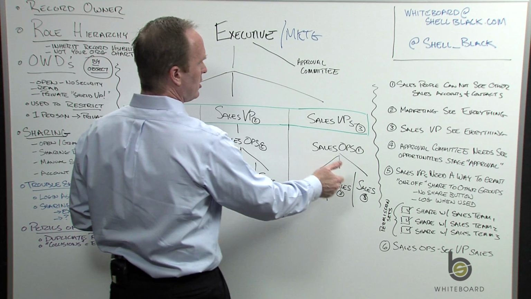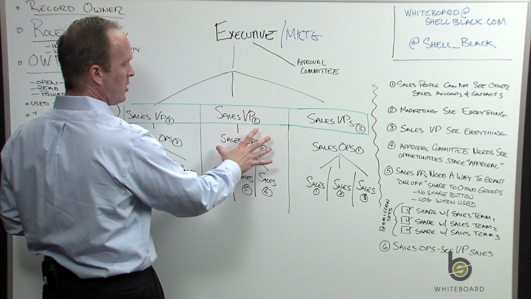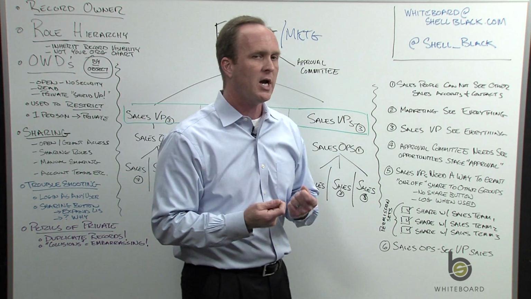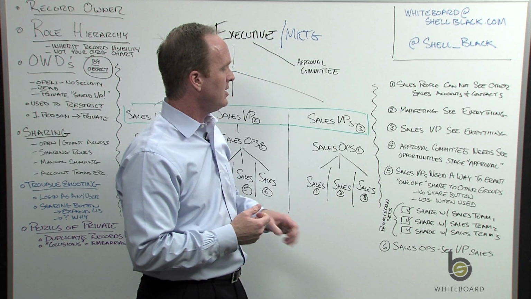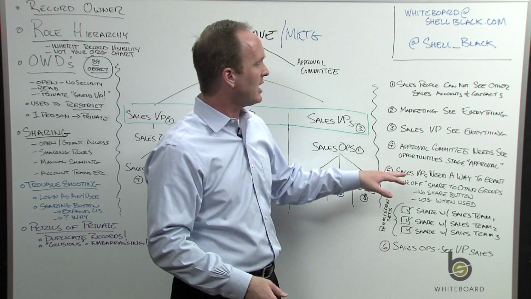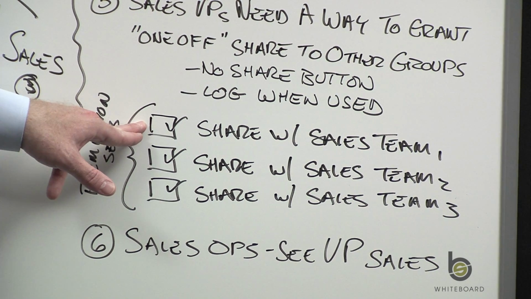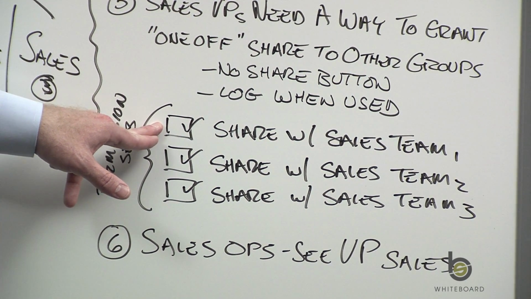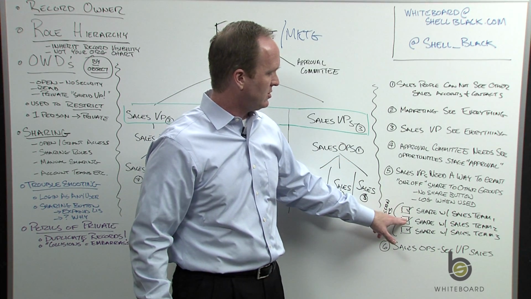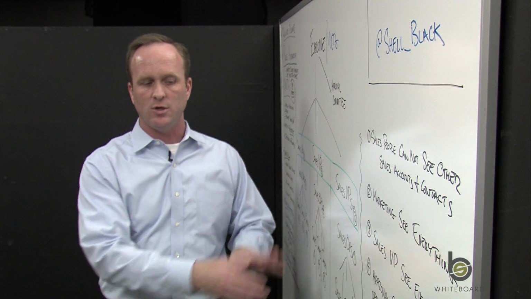So we made a group called kind of Sales Team 1, a group called Sales Team 2 with all these roles, and a group called Sales Teams 3, and we created a sharing rule that said if it's a criteria-based share, so it's looking at a field, kind of like this approval stage was a criteria that said if this checkbox that says share Team 1, if that is true, share with the group Team 1. If the second checkbox share with Team 2 was checked, share with the group Team 2, and so on.